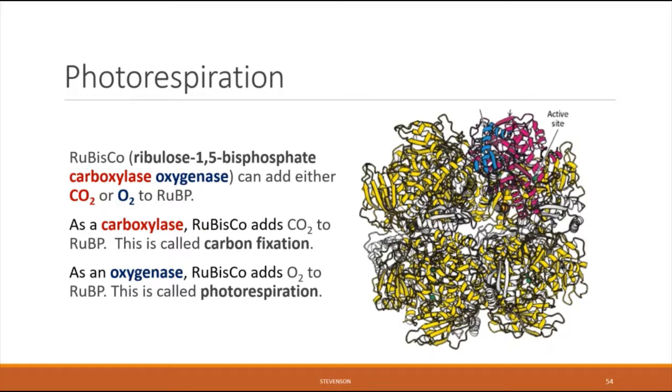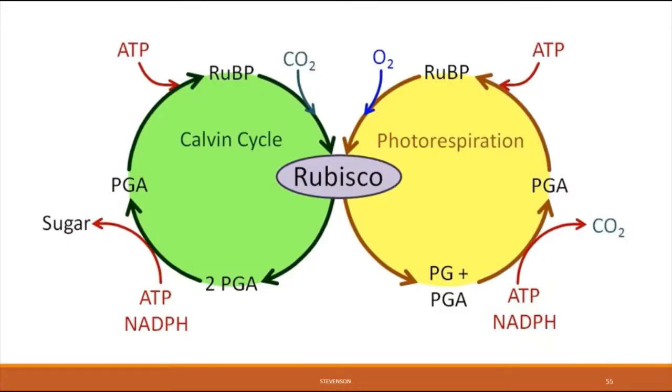So Rubisco is actually inefficient because it is existing at the crux of these two processes that are competing for its attention. Photorespiration is trying to get Rubisco to add oxygen to RuBP, whereas the Calvin cycle is trying to get Rubisco to add CO2 to RuBP.